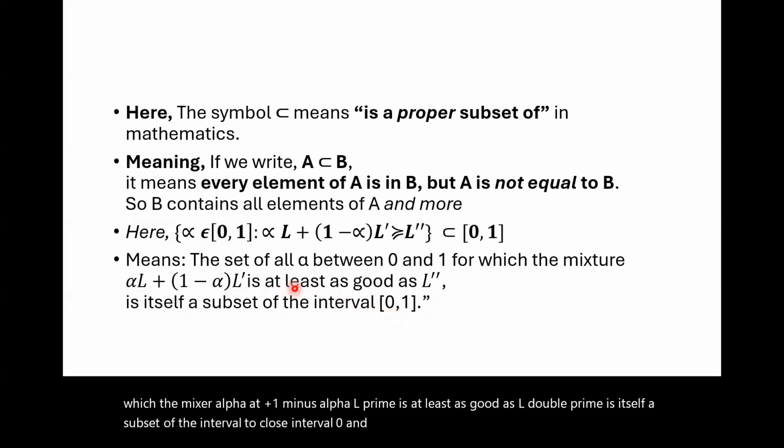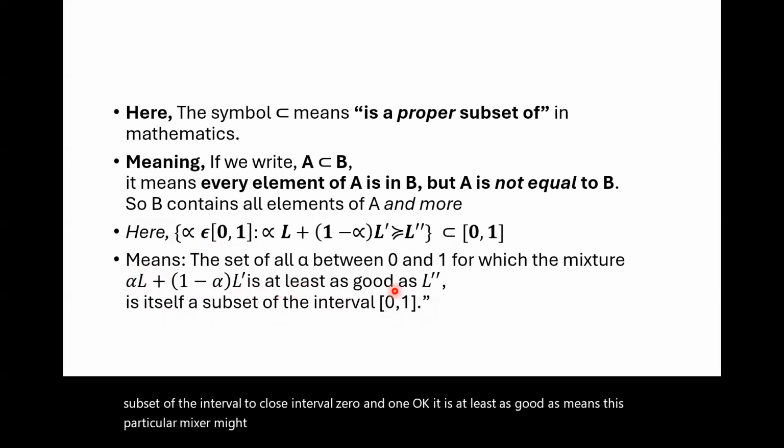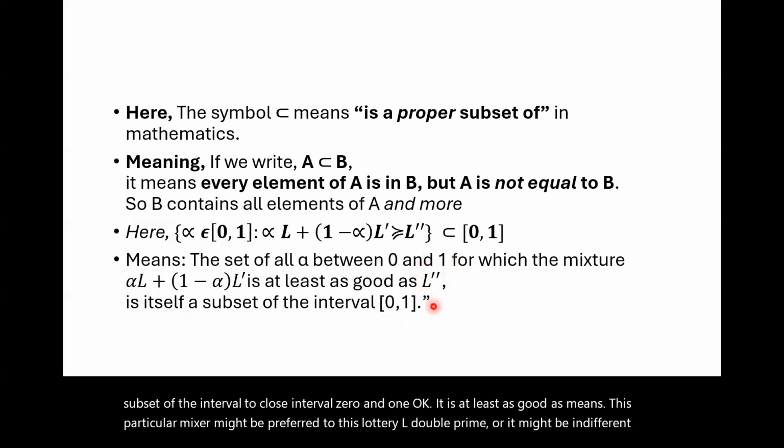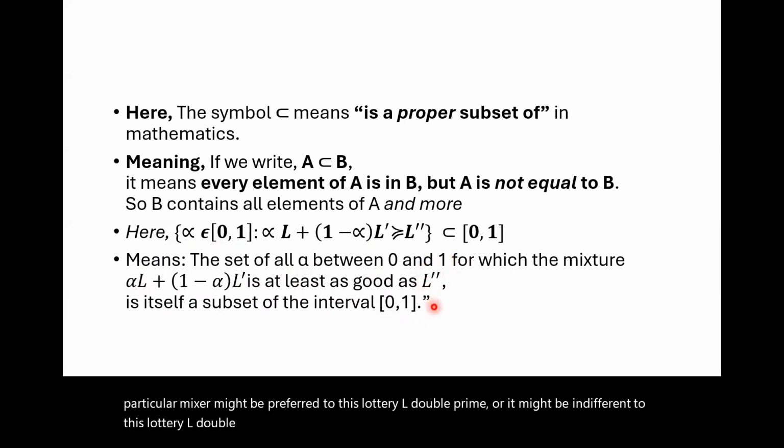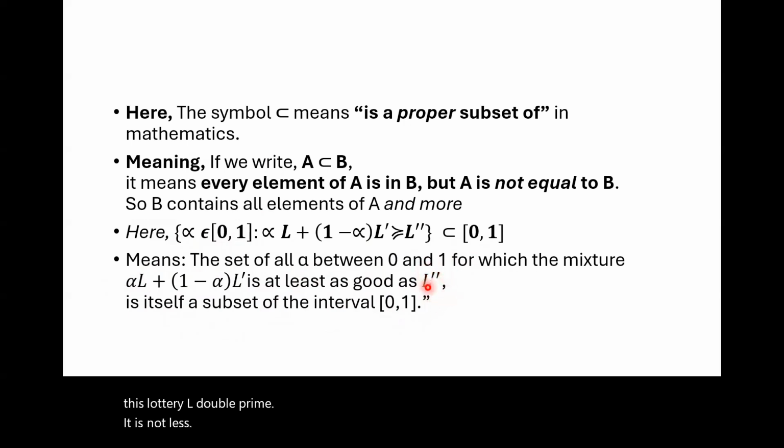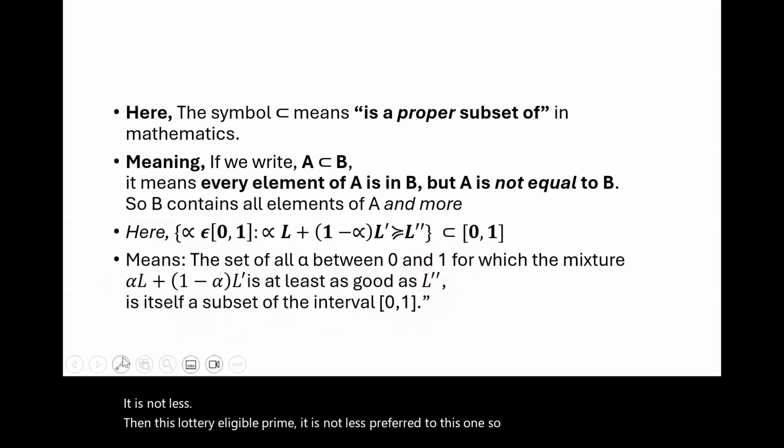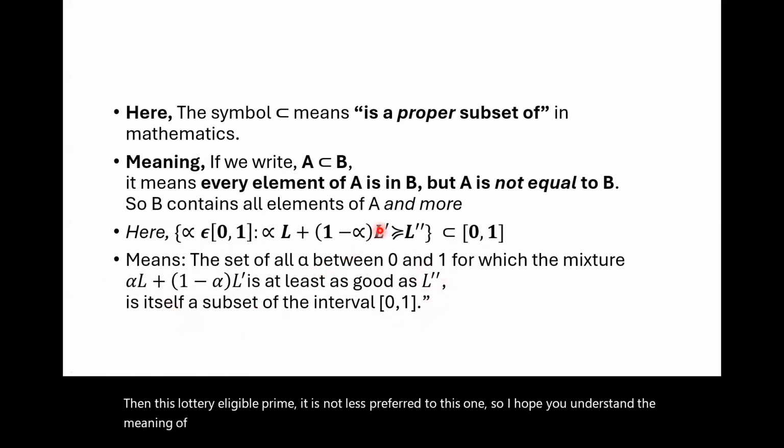At least as good as means this mixture might be preferred to this lottery L double prime, or it might be indifferent to it, but it is not less preferred. So I hope you understand the meaning of at least as good as.